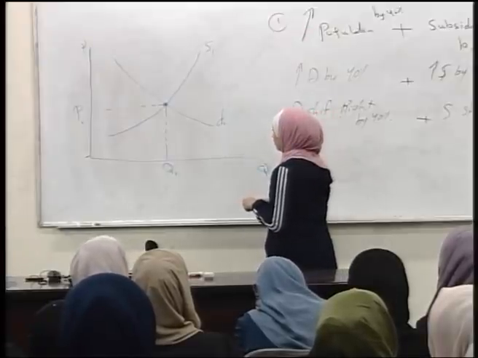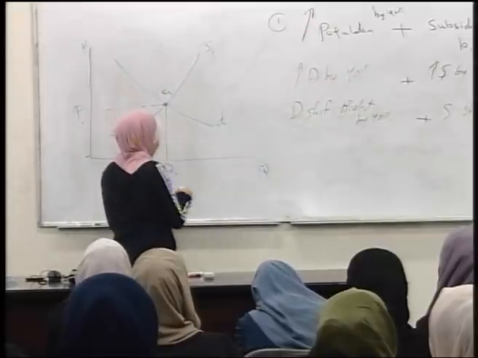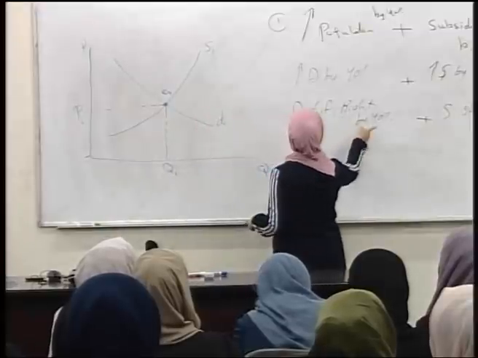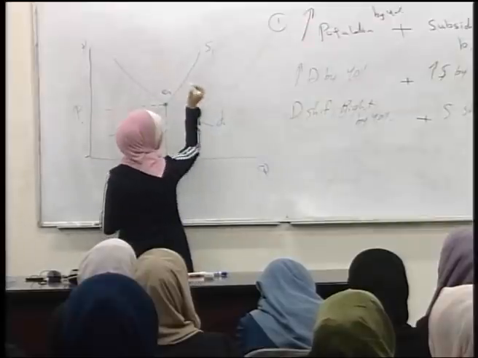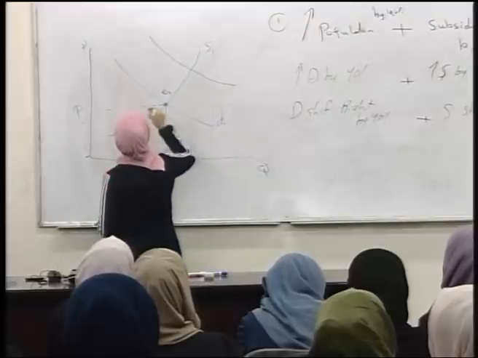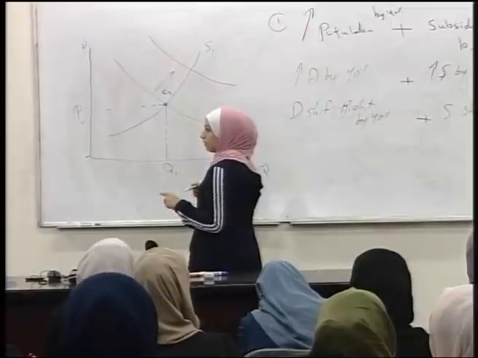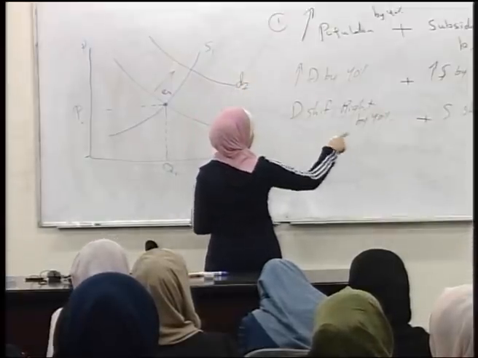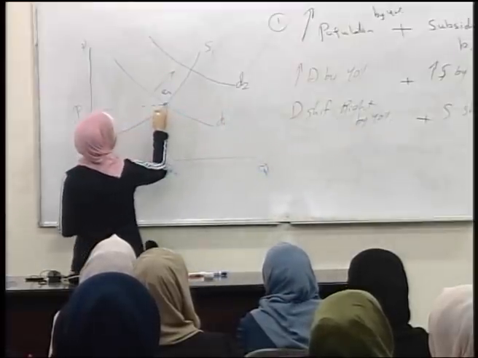E1. Demand shifts right by 40%. Yeah, perfect. What is the other line here? D2. Supply shifts right by how much? By 20%.